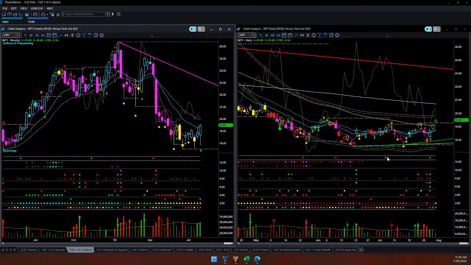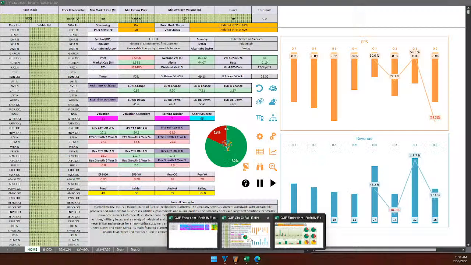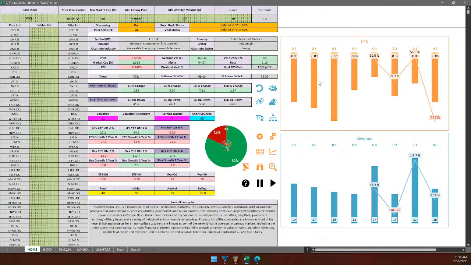Now we have a few more minutes, maybe one more minute. Let me share another possible buy idea that you could consider at the close on Friday.